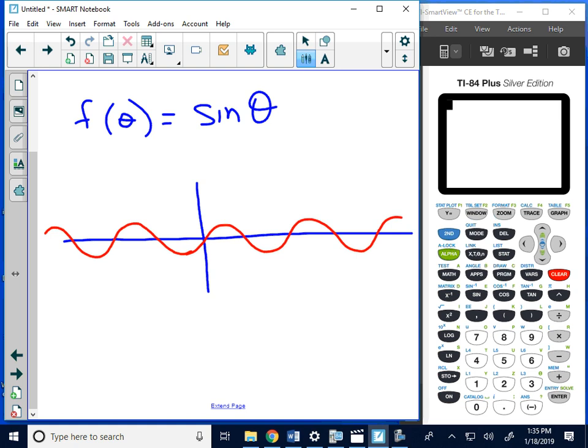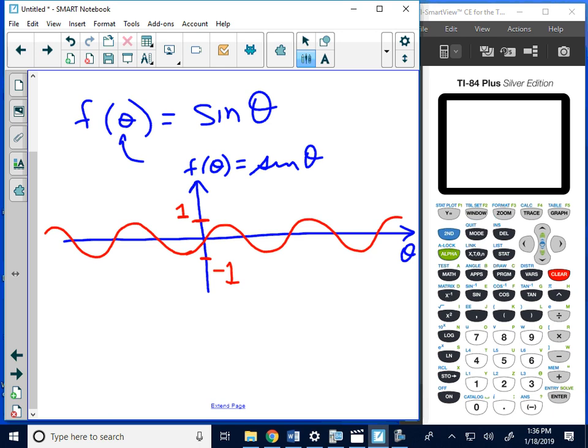And if I told you this high spot was at 1 and this low spot was at -1, and this now, I guess I should call it the theta axis because that's my independent variable, right? You can think x if you want. And my dependent variable is the sine of theta.